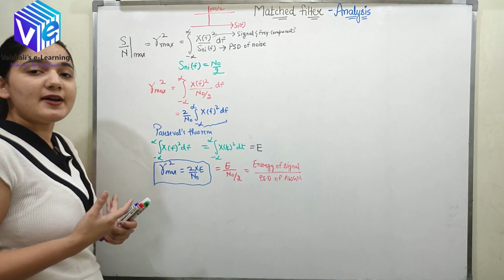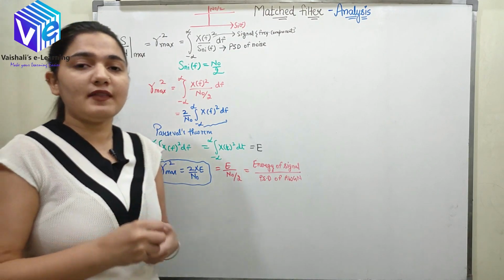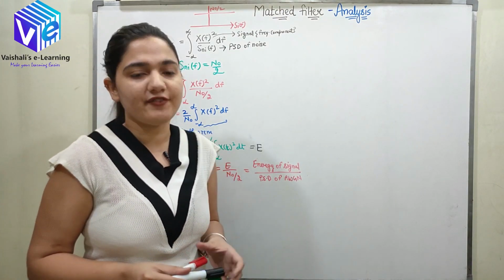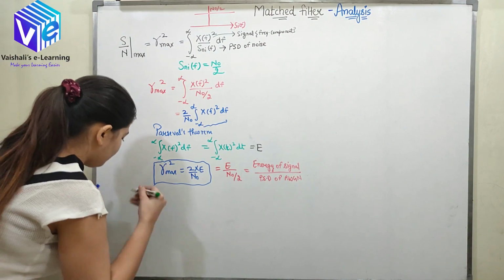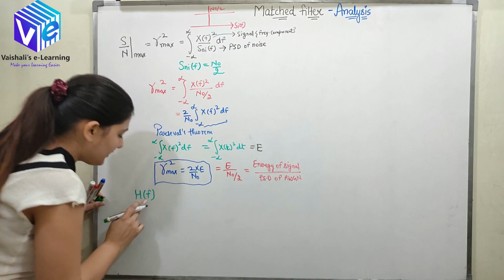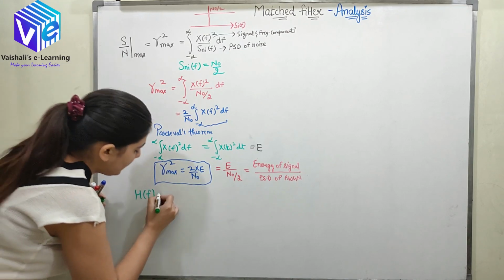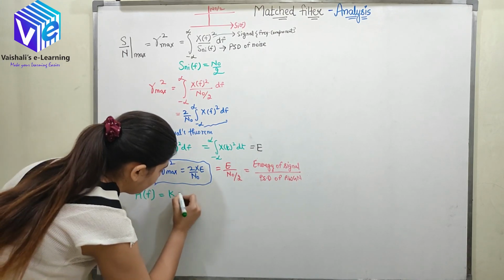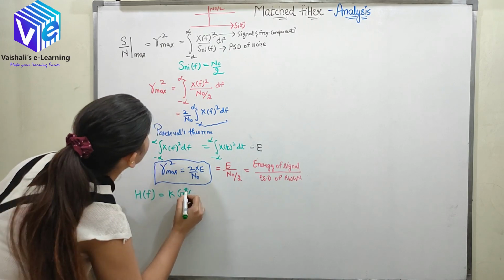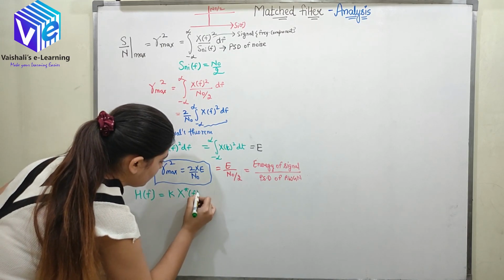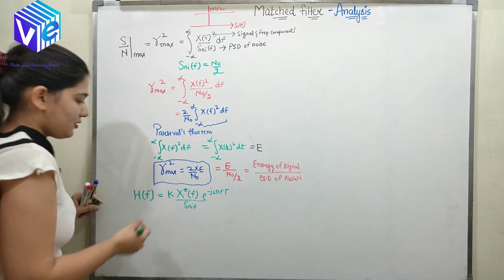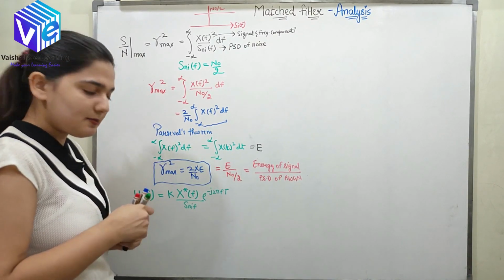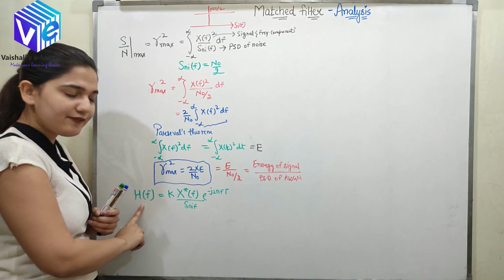Now the next parameter which I discussed in the matched filter was the transfer function, which I also found in the frequency domain. This equation represents my transfer function in the frequency domain.